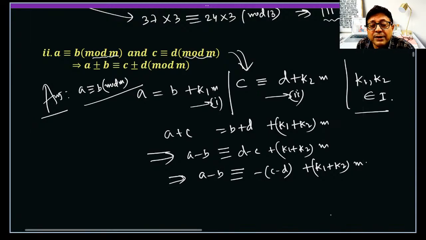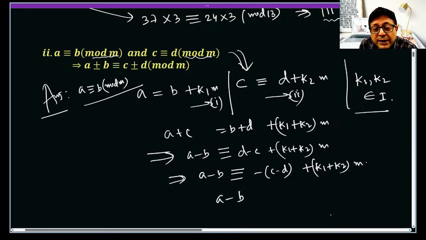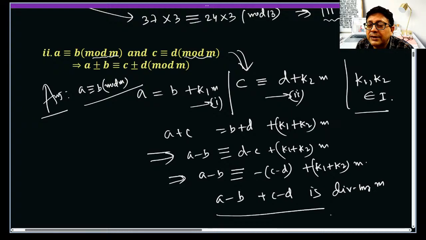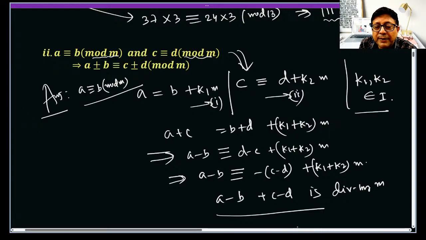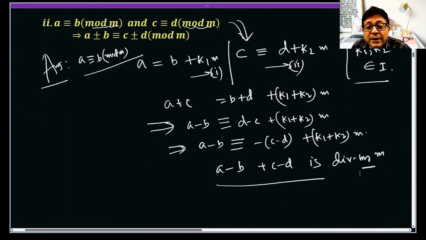So what does it mean? This implies that A minus B plus C minus D, their sum, is divisible by M. So what does it mean?